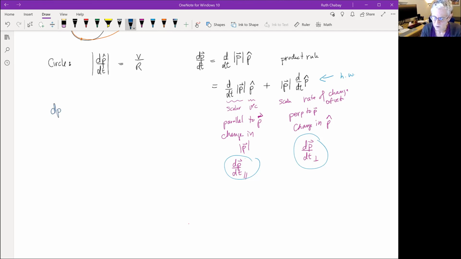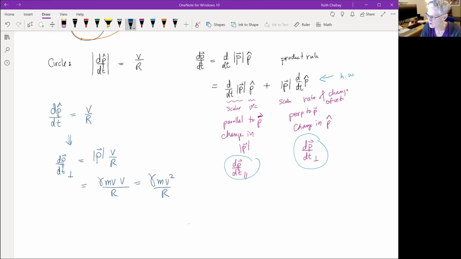So the goal, the result is that if we end up with the rate of change of the direction of momentum equal to the speed divided by the radius of motion, that means that the perpendicular component of dp/dt is equal to the magnitude of p times the speed over the radius of curvature, and that's equal to gamma mv times v over r, or gamma mv squared over r.